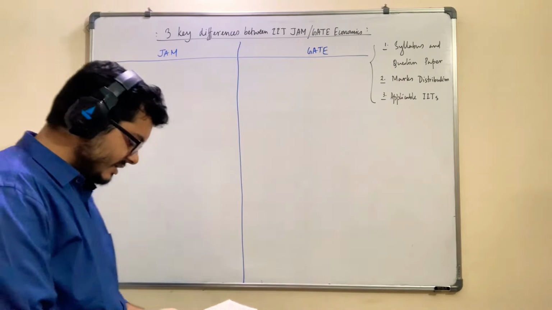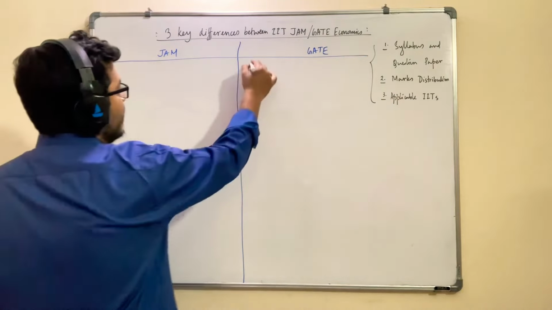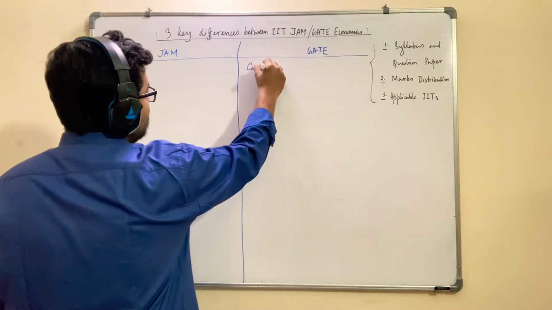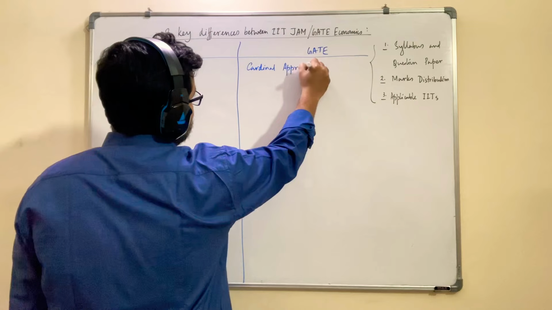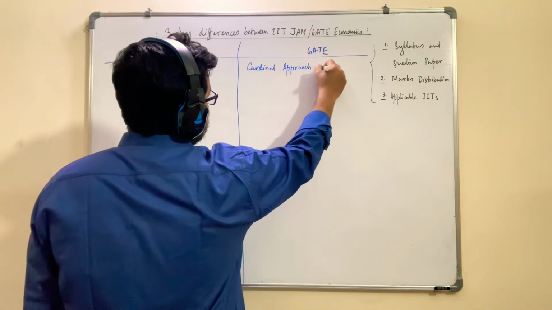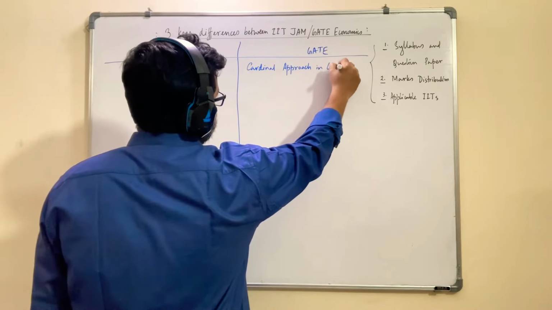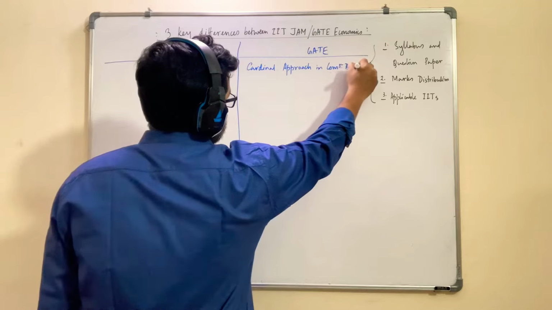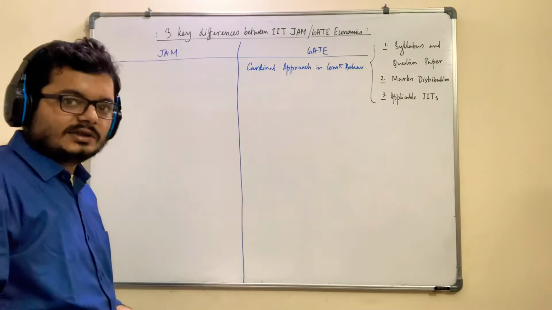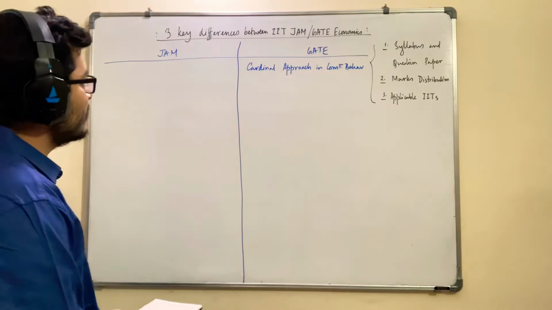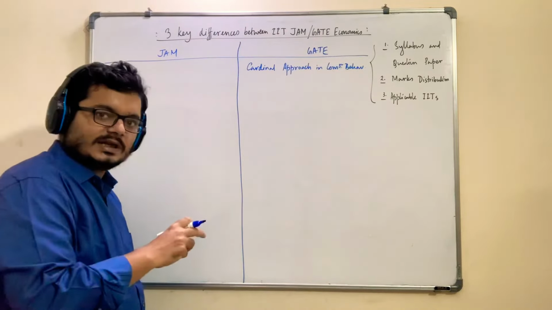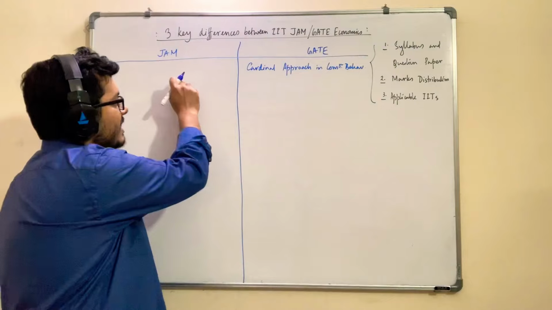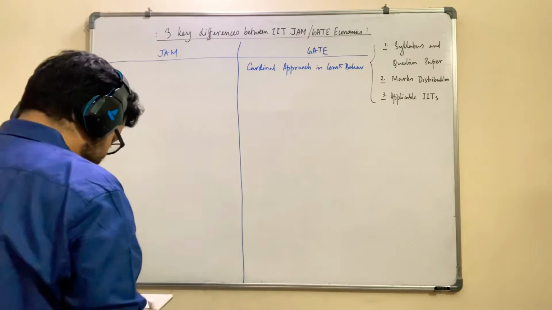So let us start. For example, in GATE there is the cardinal approach. So that is in consumer behavior, which is obviously not there in JAM, right? So we are writing only those parts which are specific to JAM and GATE. Okay.